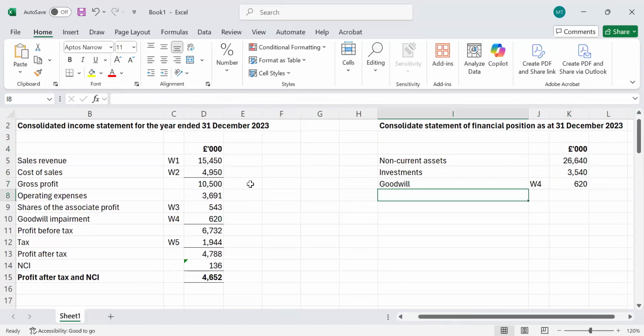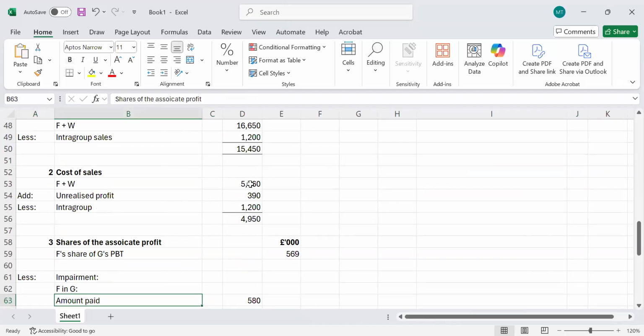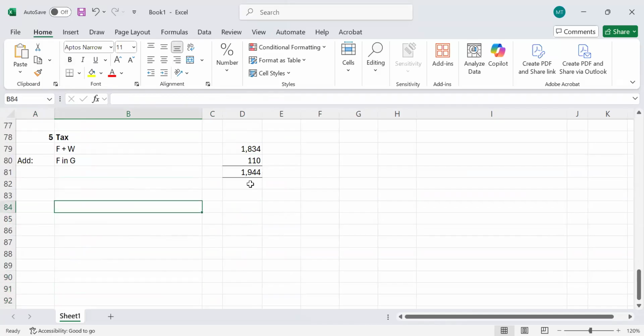Right, now the next thing is shares in associates. This will be based on our working 6. So let me show you how we deal with this. Number 6 is for shares in associates.